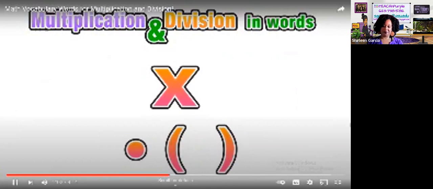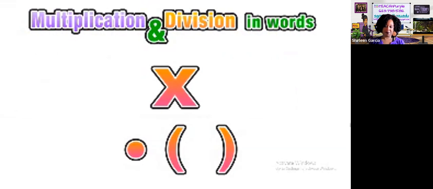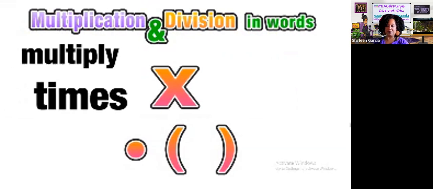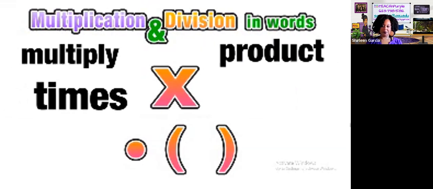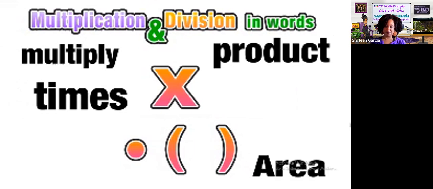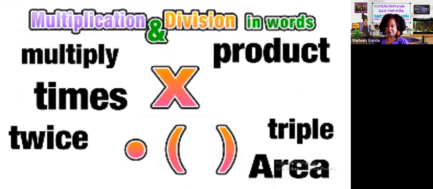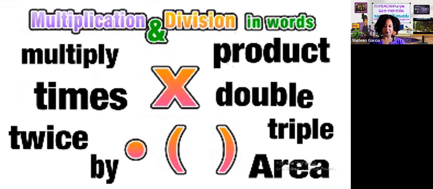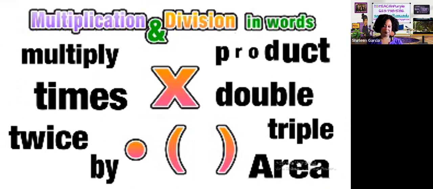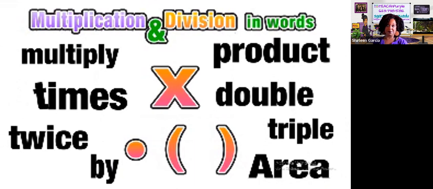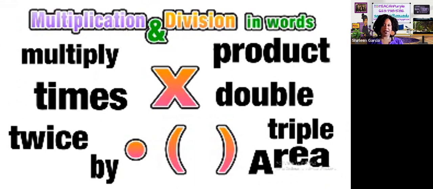And we also have many different words and phrases, such as multiply, times. We also have product. We can say area. We can also say twice or triple or double or by. And again, any of these words or phrases can be used to represent multiplication. Be careful.